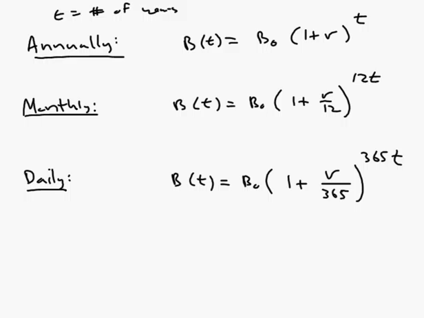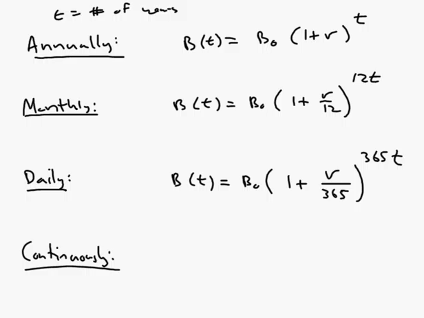And then what we finally arrived at is the idea of compounding continuously. So this is sort of like saying, I don't only get interest every day, I get interest every fraction of a second per day. If I was going to get interest 4 million times during the course of the year, then I get 1/4 millionth of the interest rate per unit of time, and I get that 4 million times.